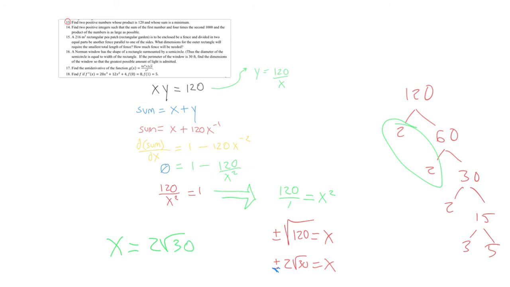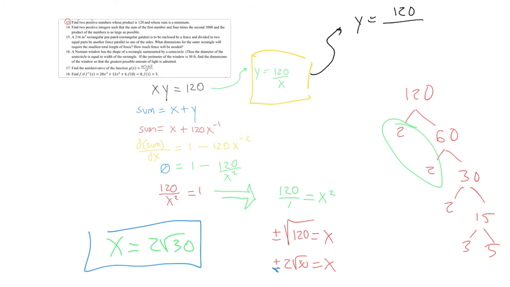So if that's x, it's going to be pretty easy to figure out what y is by using this sort of rearranged equation. y equals 120 divided by 2 radical 30.